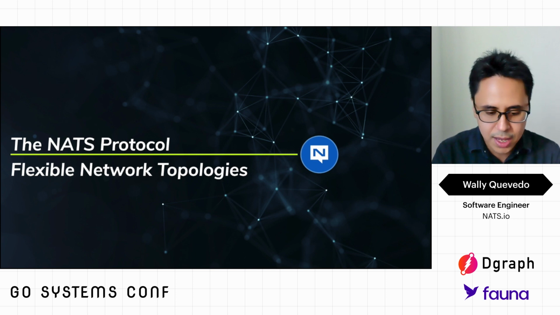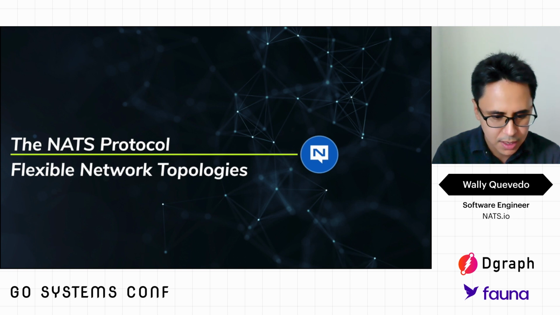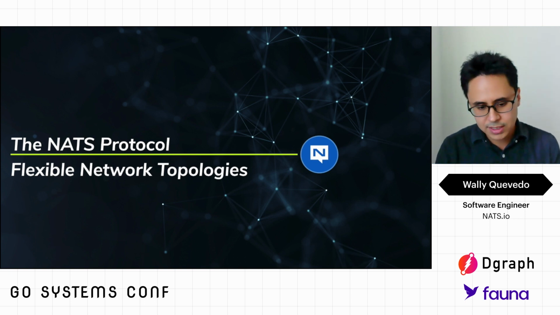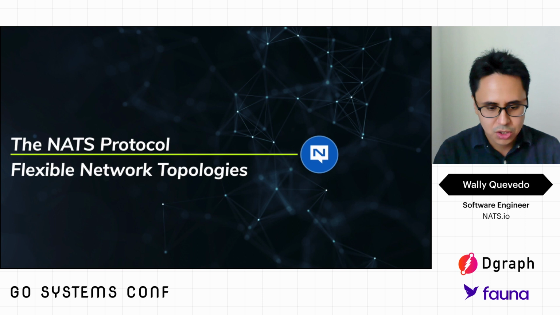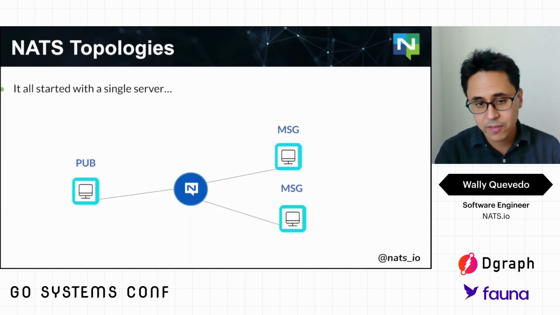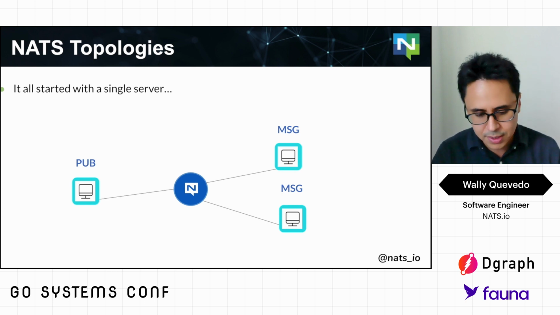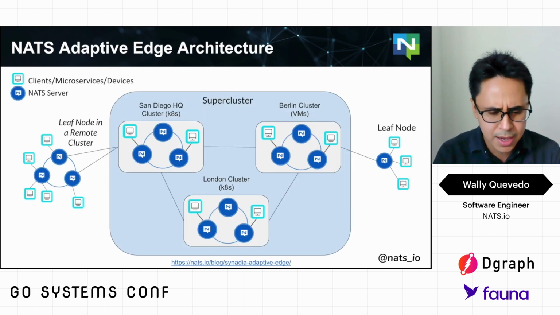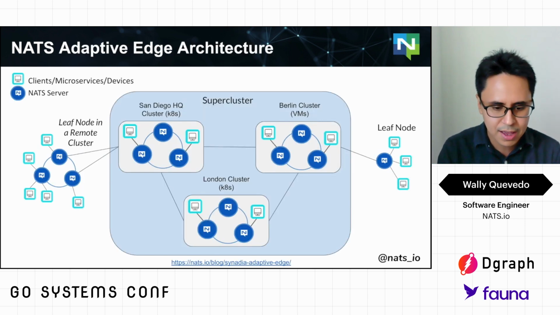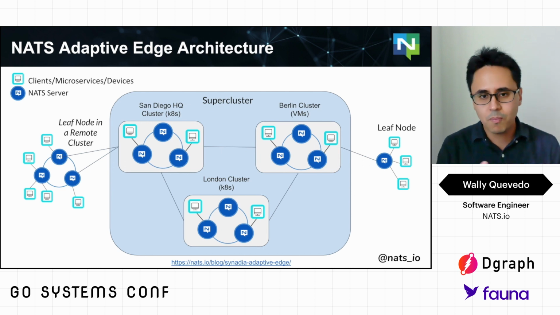But what is really cool also from NATS v2 and the enhancements is that now it has support for very flexible network topologies. So NATS at the very beginning was a single server that was really good for microservices because anyone within the same data center could be connected to the same NATS server. But it has evolved nowadays where you can have very complex topologies.